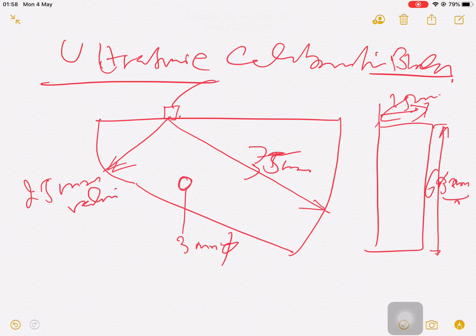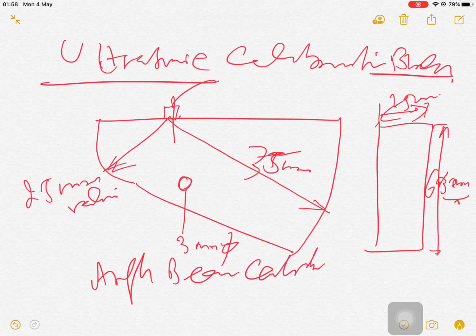So this is for the angle beam calibration block. You must know about this. These are the blocks you use during angle beam calibration.